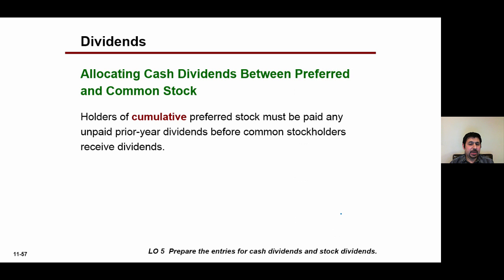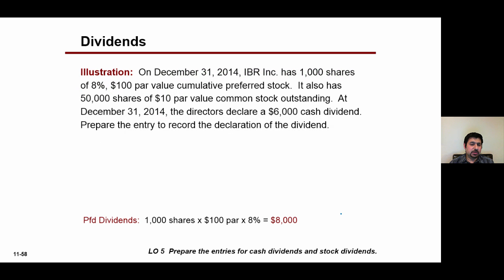Now let's see how cash dividends will be allocated between the preferred stockholders and common stockholders. Remember that preferred stocks have the right to a cumulative dividend. So the cumulative preferred stockholders will have the right to get paid current dividends as well as dividends in arrears. So let's see how this will be recorded.